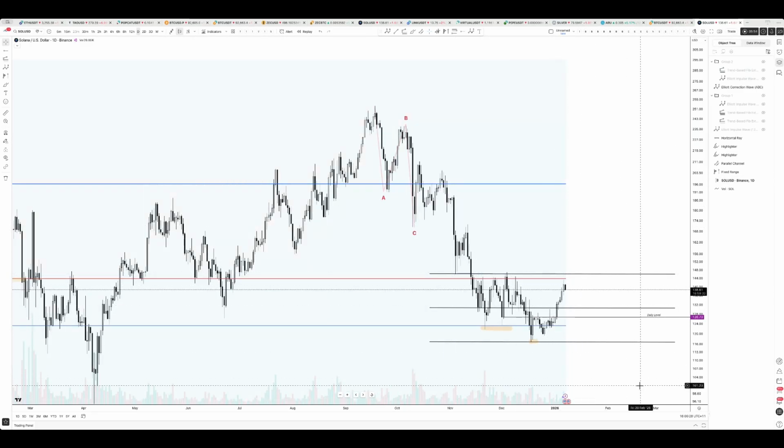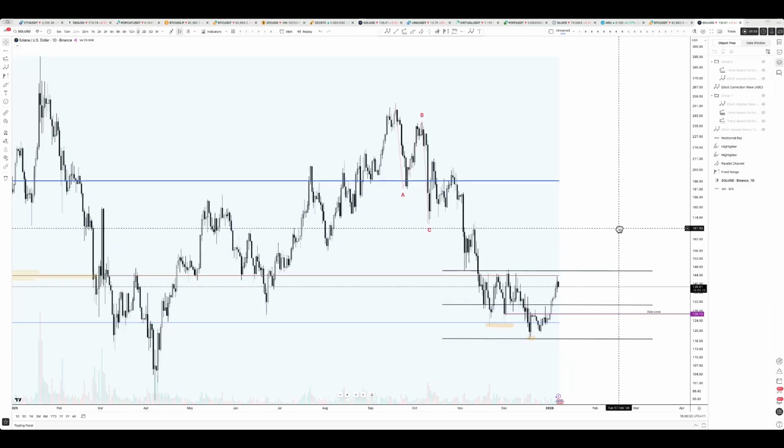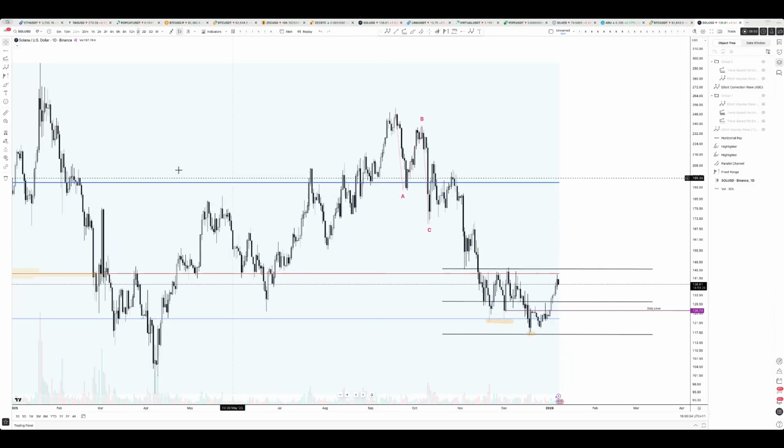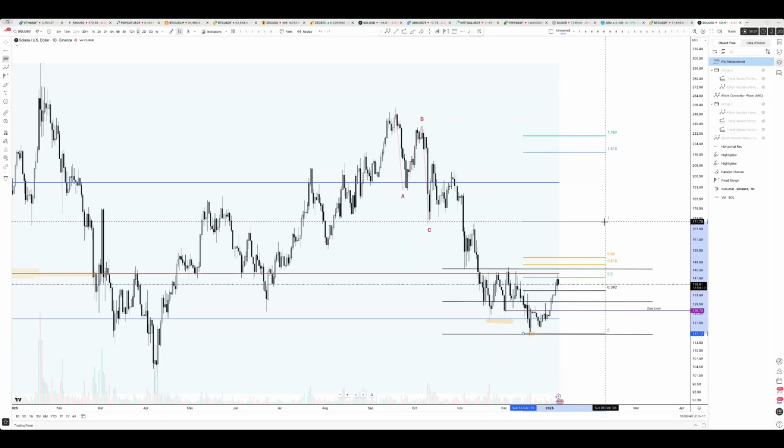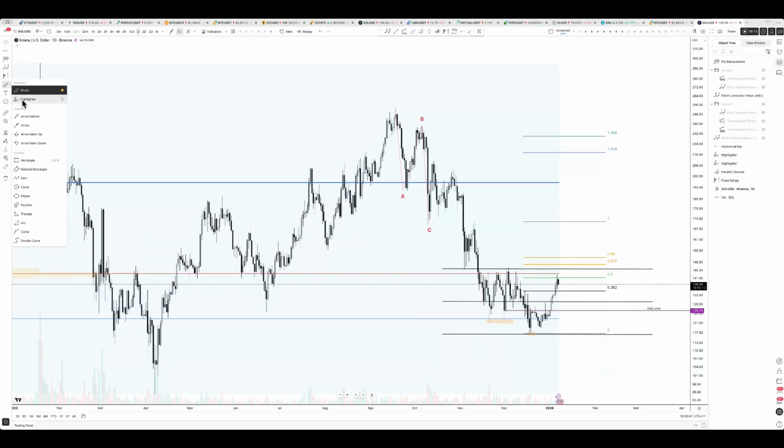We can have actually further down or a reversal. I'm leaning towards reversal further down. What we want to do is add our Fibonacci from the low. You can see if price was to come up, we have a whole bunch of liquidity here.